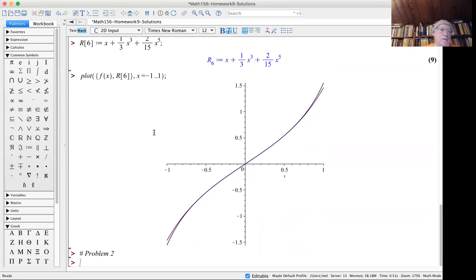Problem 2 is to calculate Taylor polynomials for some functions centered around x equal 1. So in the first case, the function is 1 over x.